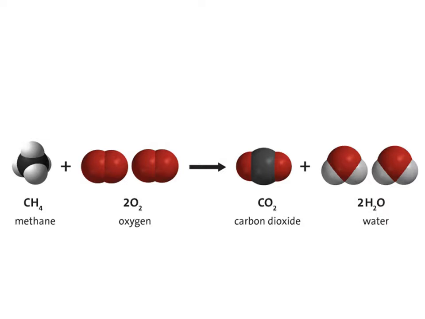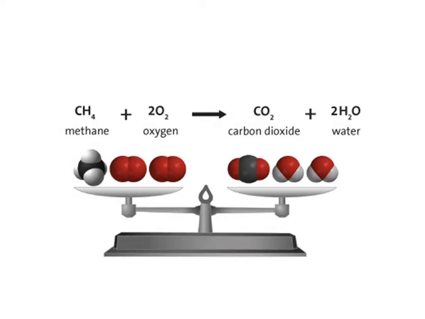They're made up of two atoms of oxygen, each one shown by a red partial sphere. And the products on the right are combined in different ways. You have the carbon combined with two oxygens to form CO2, and the other two oxygens combined with two hydrogens to form water. So this is again a physical representation of what's going on in your gas range.